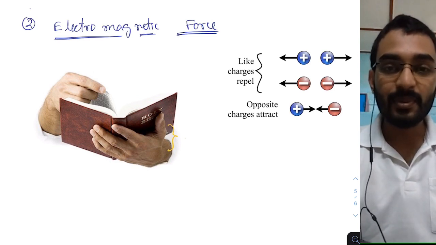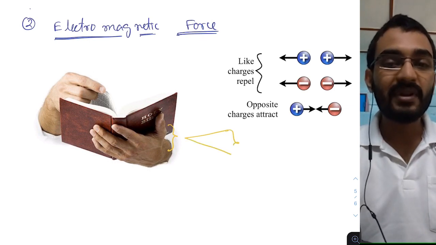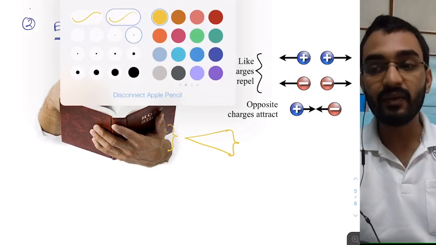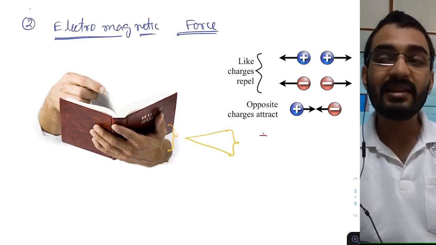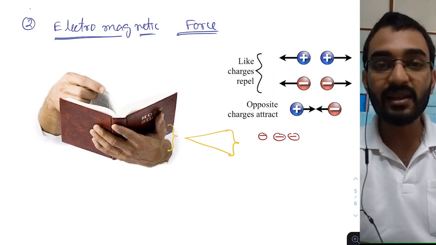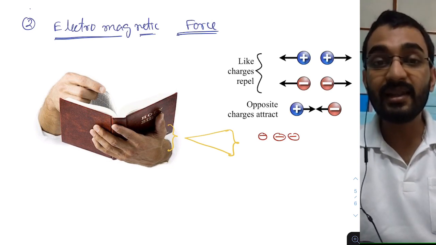Now there is a difference between the electromagnetic force and the gravitational force. The gravitational force was always attractive, but the electromagnetic force is sometimes attractive and sometimes repulsive. That difference comes when two same type of charges come together, which gives a repulsive force.